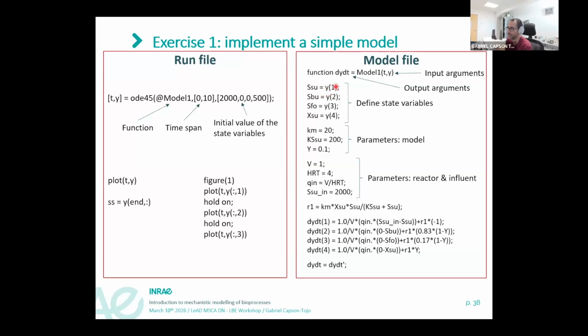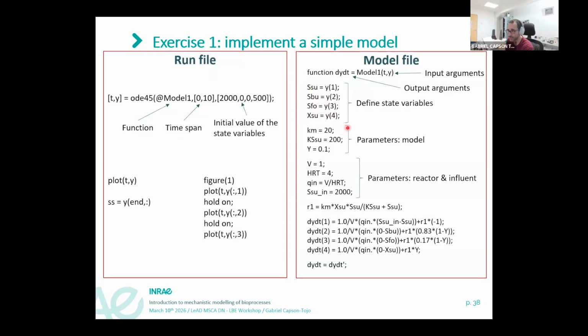Any state variable, in this case, because that's how we named it here, is going to be y. And y is going to be a vector containing the values of all our variables. But to make it easier to understand, we are just putting the first state variable in our vector as sugars, the second one is butyrate, the third is formate, and the fourth is biomass. This is defining the state variables that you have.